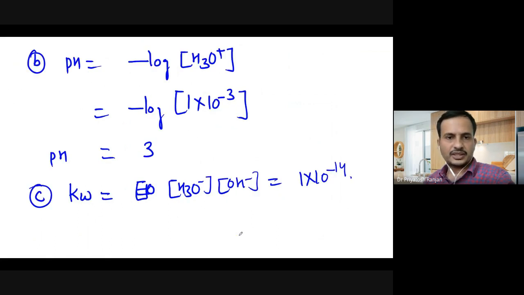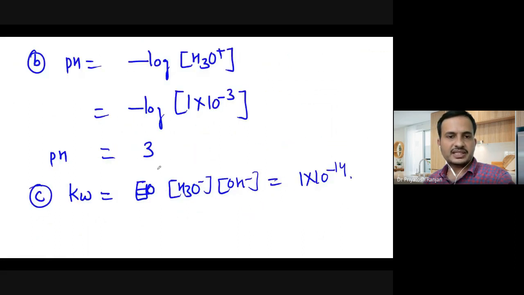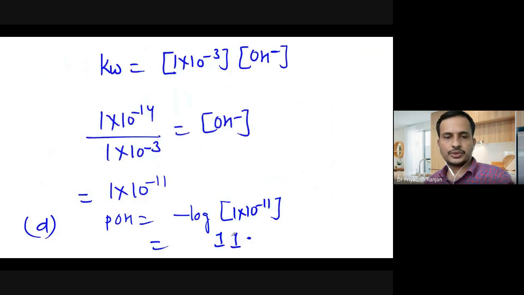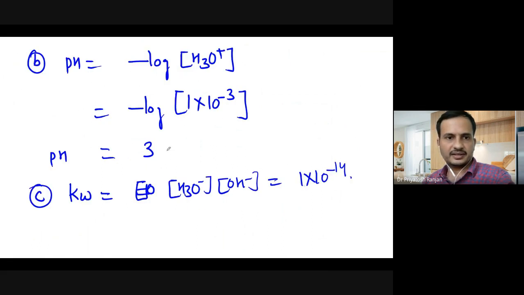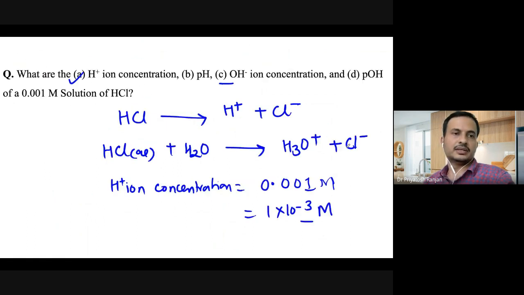Another thing, how you can confirm whether your calculated pH and pOH values are accurate, you just add up the value of pH and pOH, and according to the ionic product of water, the pH and pOH should be equal to 14. And in this particular case, 3 plus 11, it is following that rule, which is going to come equal to 14. So this is all about the first question.